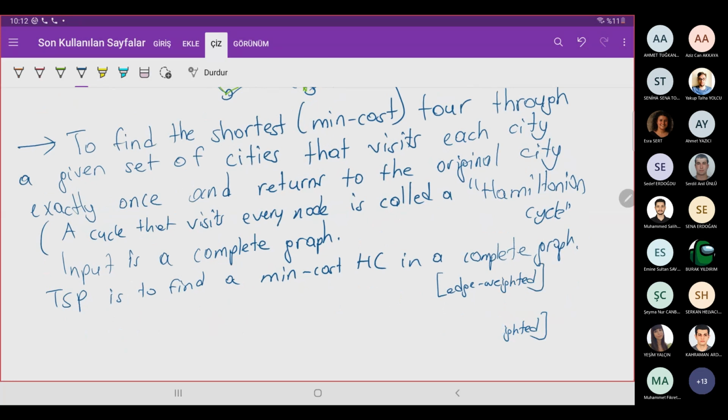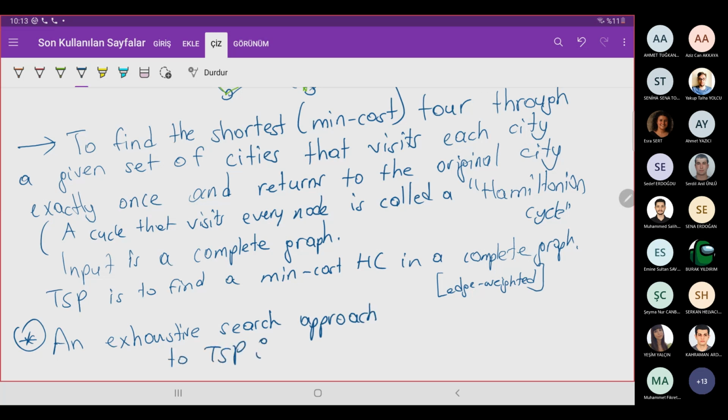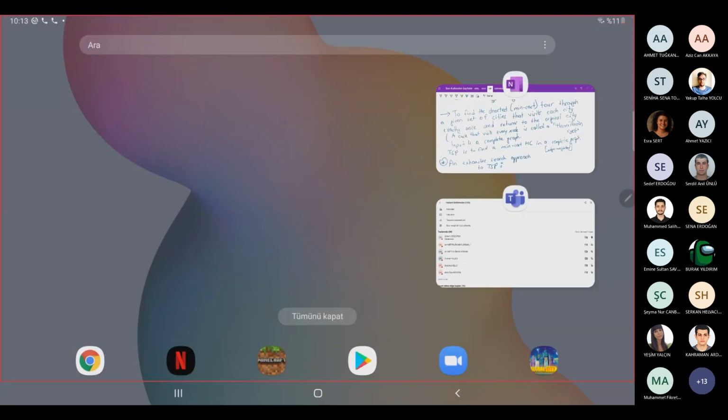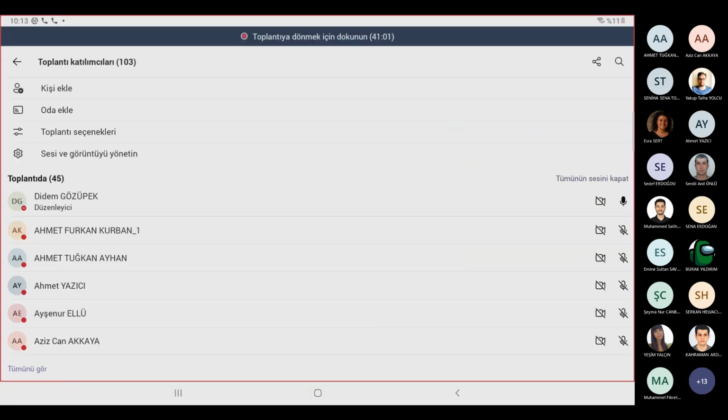So can you think of an exhaustive search approach to TSP? You think about it, and I will connect my tablet to the charger, okay? In the meantime, you think about it.